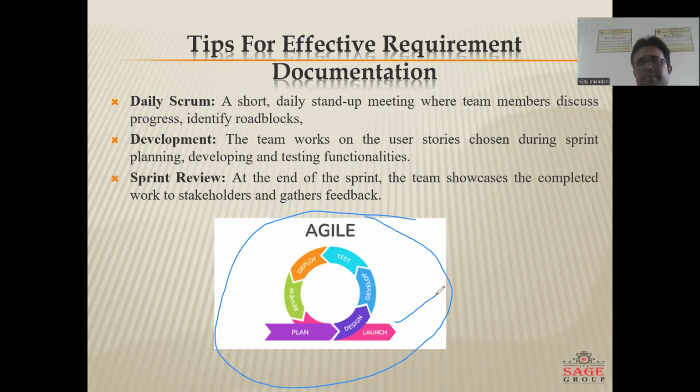Stories can be seen on the Jira desk and dashboard, and developers can assign them to themselves. After this, the sprint review: at the end of the sprint, the team showcases the completed work to stakeholders and gathers the feedback. This is called a sprint review. So it is a tip for effective requirements.